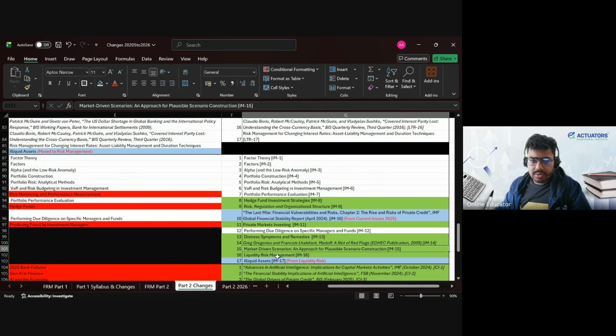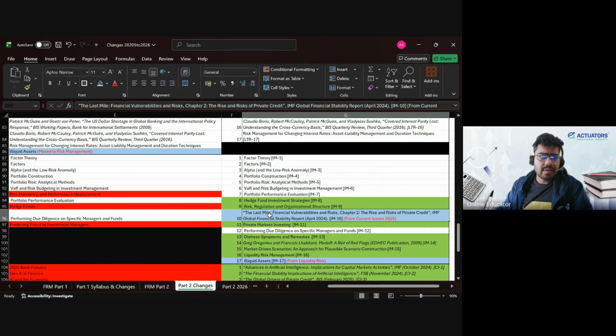Market-driven scenarios, liquidity risk management. These are the new subjects that have been introduced. And illiquid assets comes from the liquidity risk book as chapter number 17 in risk management. I have not talked about chapter 10, which was part of current issues in 2025, but they have decided to make this a permanent chapter of risk management. This was in current issues 2025.